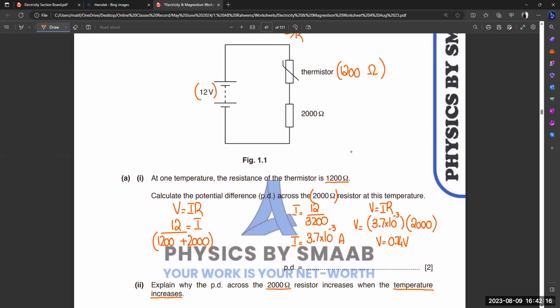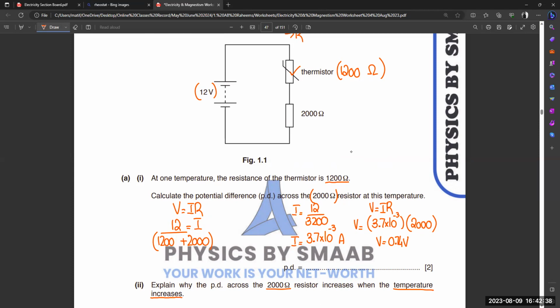It means that this 2000 ohm resistor will be affected because of the thermistor. The thermistor changes its value because it depends upon the temperature. So if temperature changes, the value of the thermistor will change and it will also affect the resistor, right?